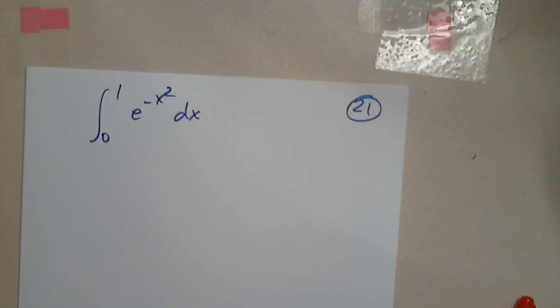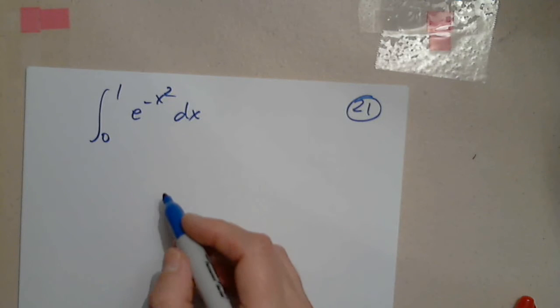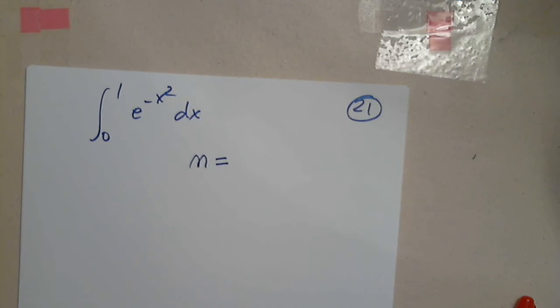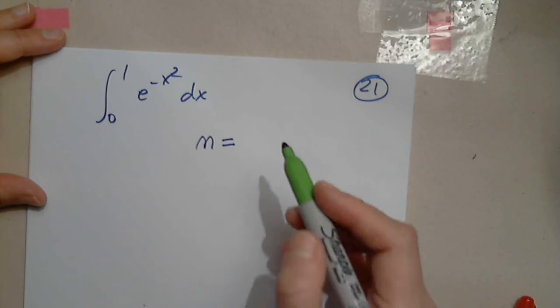Okay, so then I have to decide how many subintervals. I want an okay approximation. So if I want a good approximation, I should use at least 4 subintervals.